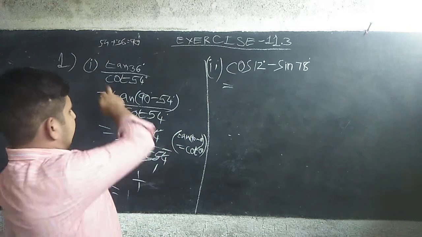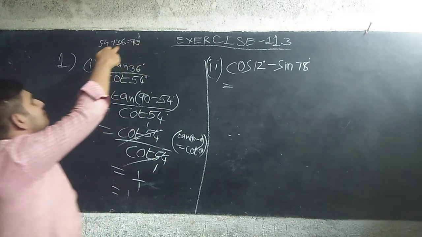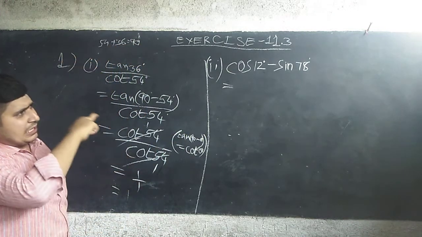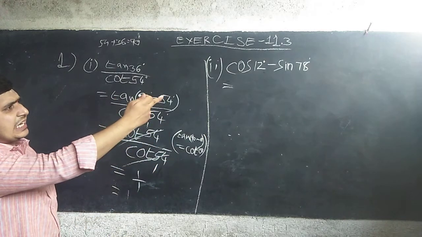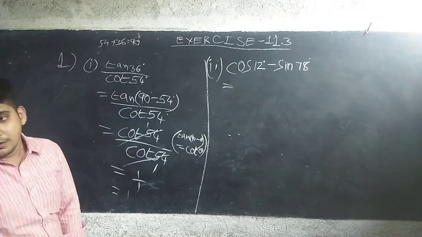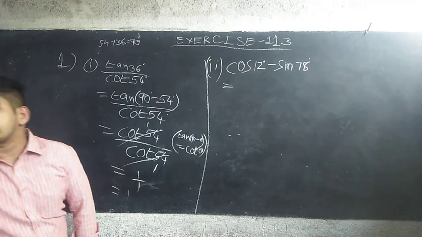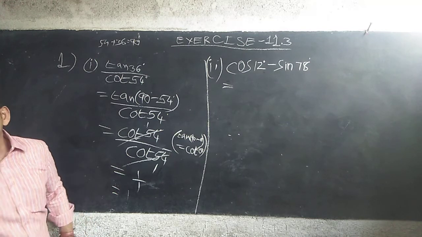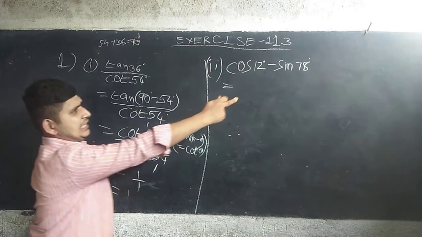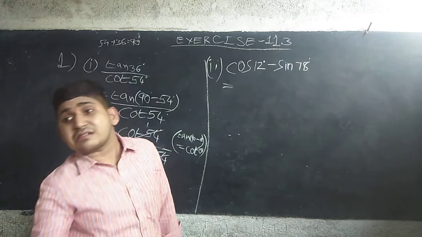In the same way as we discussed in the first problem, 12 plus 78 equals 90, so we are changing one angle. Now I am changing 78. We can change any one angle.